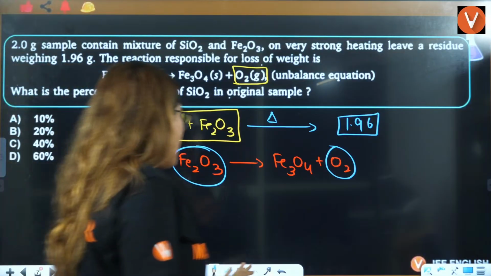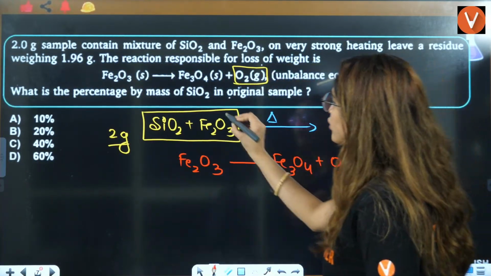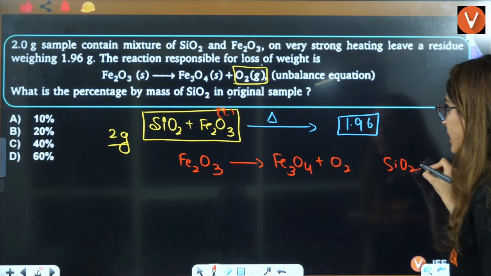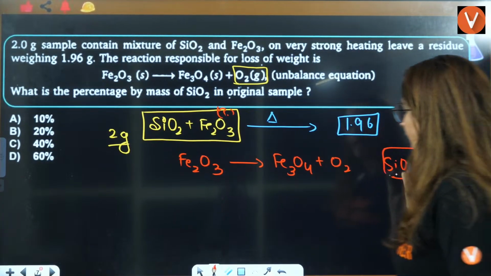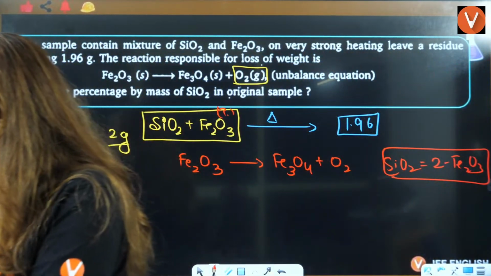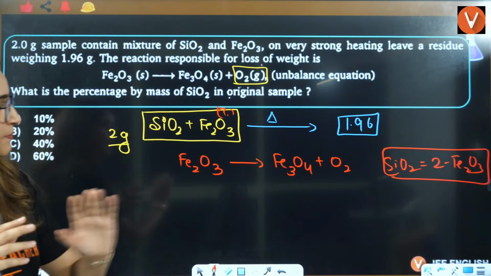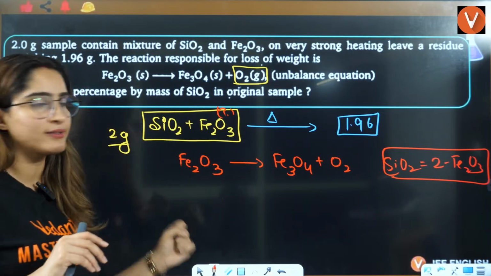Tell me one thing: if I can tell how much Fe2O3 is there, then SiO2 will be 2 minus Fe2O3, isn't it? That means I have to calculate this thing.